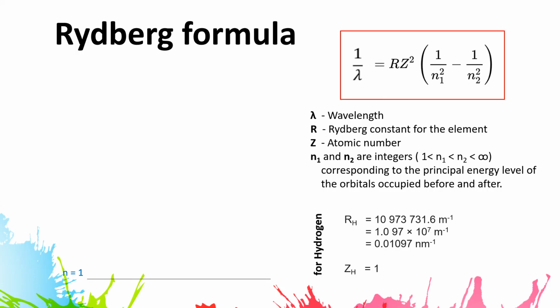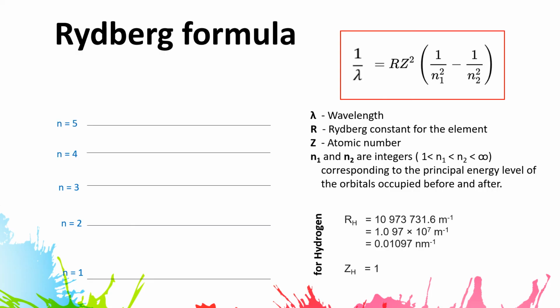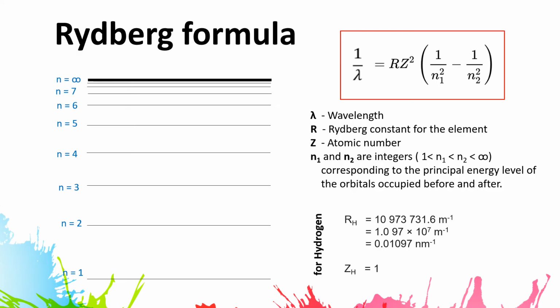Here I will take some different energy levels. N is 1, N is equal to 2, 3, 4, 5, 6, 7, and we can go to infinity. So these energy levels are represented by N. Then what do N1 and N2 represent? Let's take one electron coming from the second energy level to the first energy level.